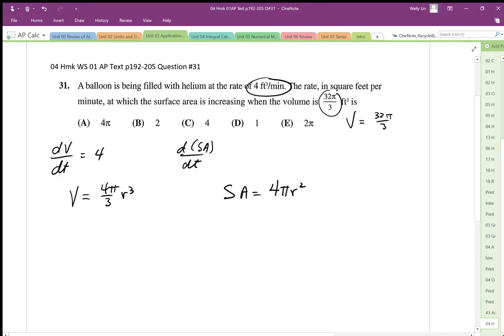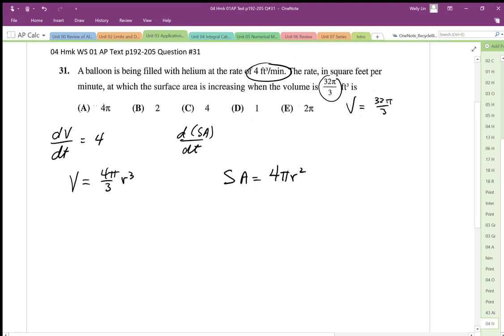And we're going to use the radius as an intermediary to relate the two together. Now we could solve for r and substitute the surface area expression for r here, or vice versa, and then we can directly connect volume to surface area. But it's much easier to do this with the intermediary of the radius.